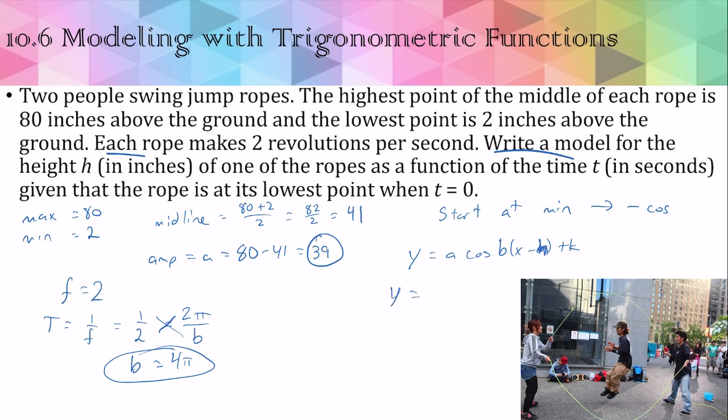All right, so it'll be a negative, and our amplitude was 39. Our b is 4 pi. H is nothing. Use t instead of x. And k was, what was k? What was our midline? 41. So negative 39 cosine of 4 pi t plus 41.